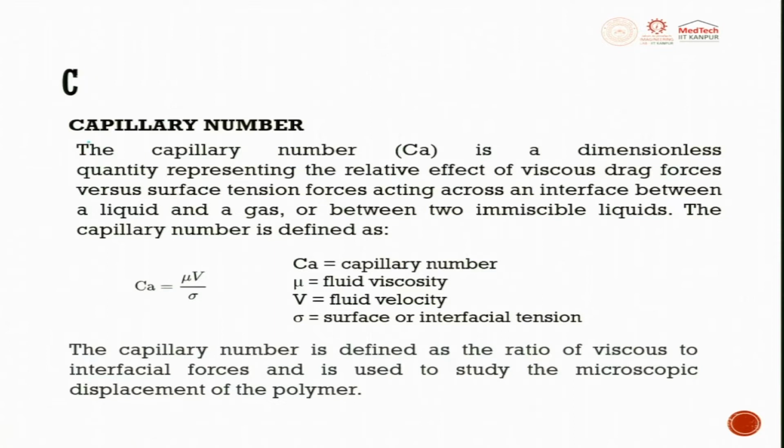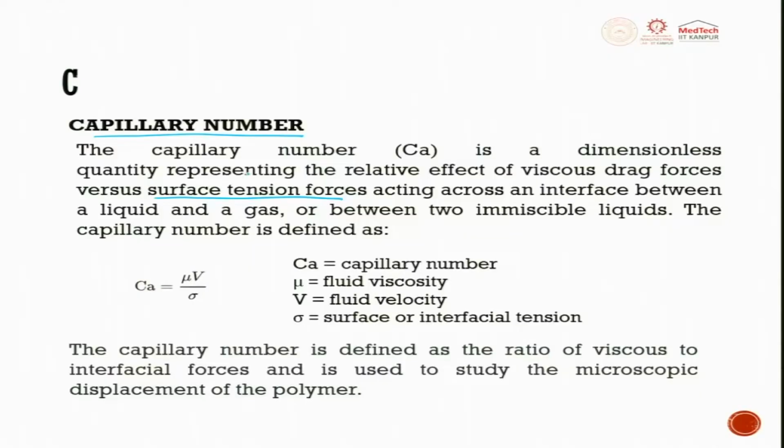There is something called the capillary number. This is also very important, because when you try to melt a metal powder or a ceramic powder or a polymer powder, there is always a surface tension phenomenon happening. This surface tension phenomenon will give you a poor quality or bad quality product.